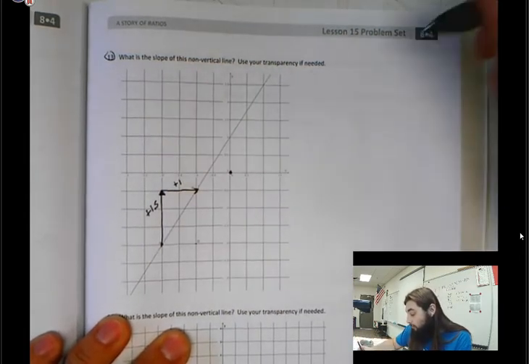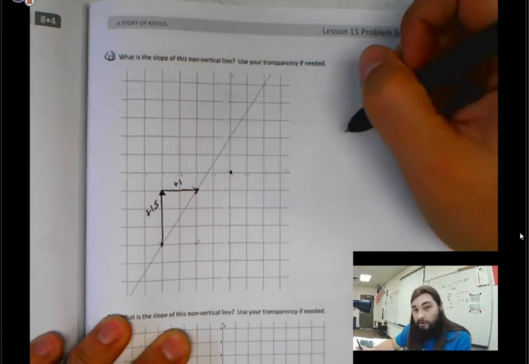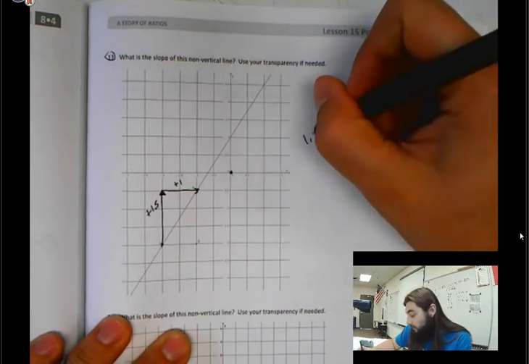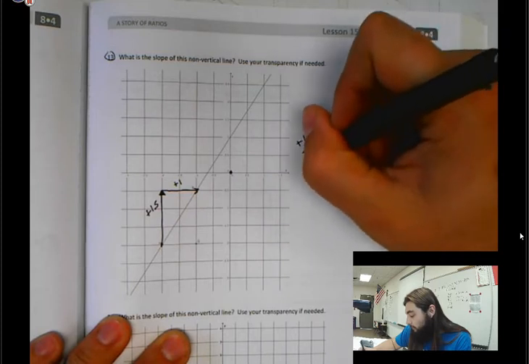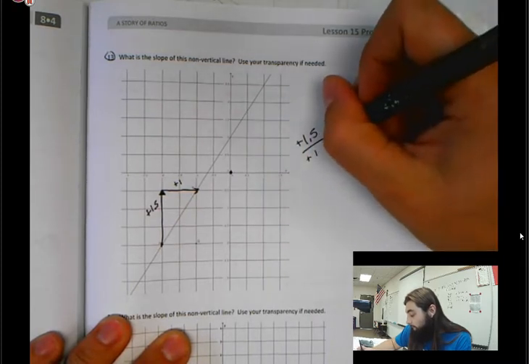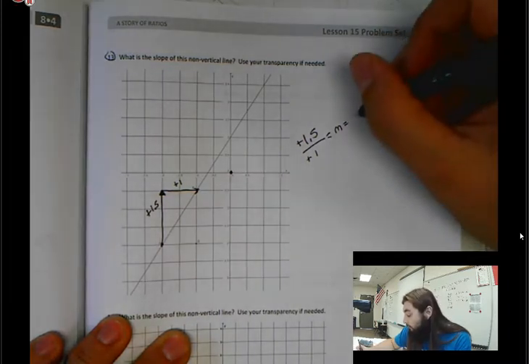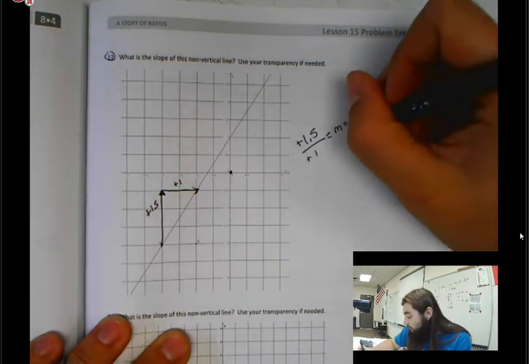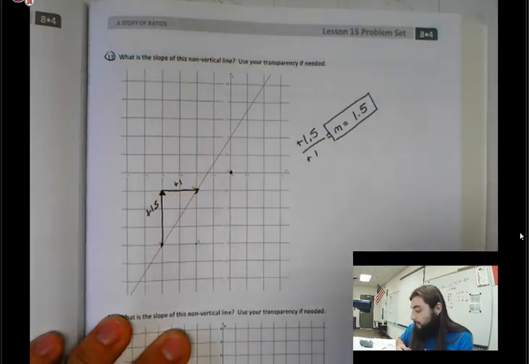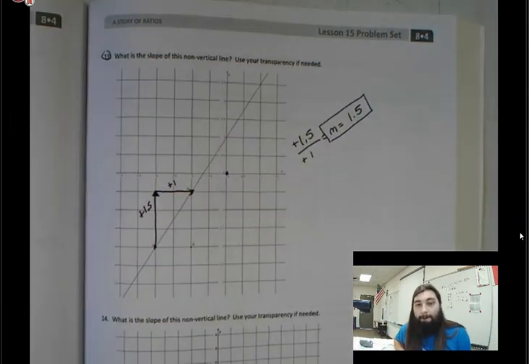So our slope is our change in y divided by our change in x. Our change in y is a plus 1.5. Our change in x is a plus 1. That gives us our m, that gives us our slope. And so our slope is 1.5. Simple as that. That's all we're looking to do for right now.